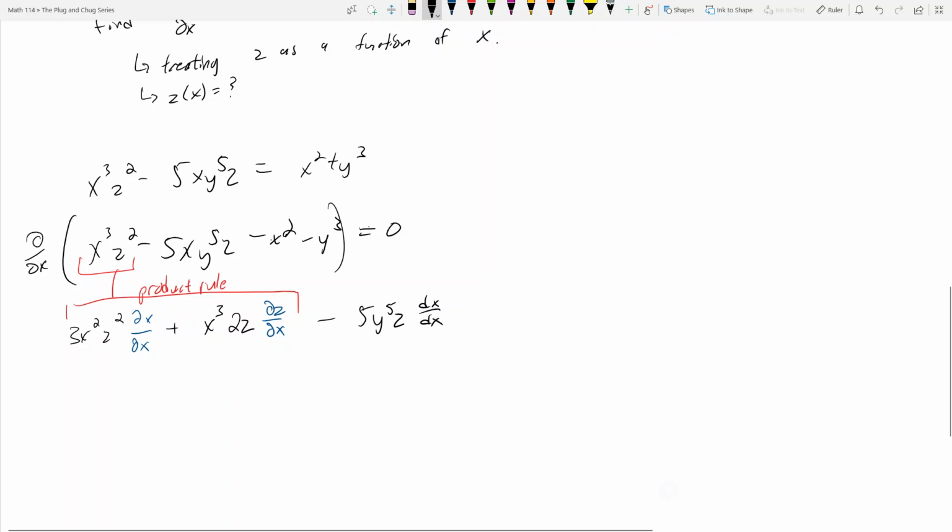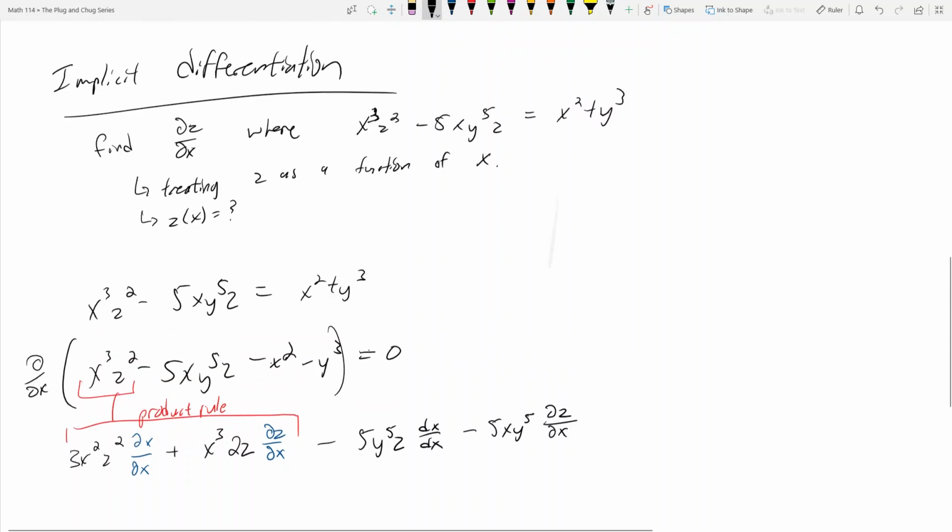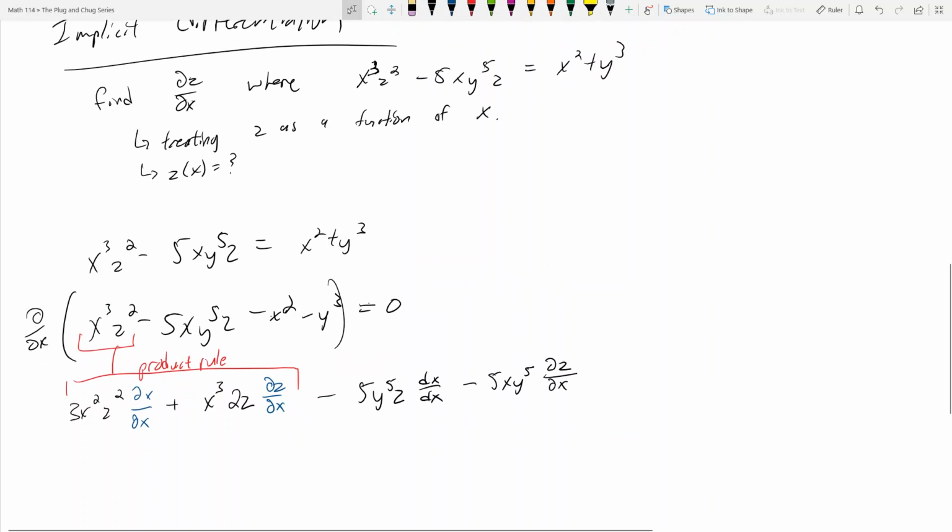All right, and then I get minus 5xy to the fifth, and then the derivative of z is 1, but then I also have the remaining dz/dx, okay? And some of you guys are going to be like, wait, what about the y? Well, y is a constant with respect to both z and x, right? Because I'm not looking for dy/dx or dz/dy. So y is just a constant. We just treat y as a constant when we take the partial with respect to x here, all right?